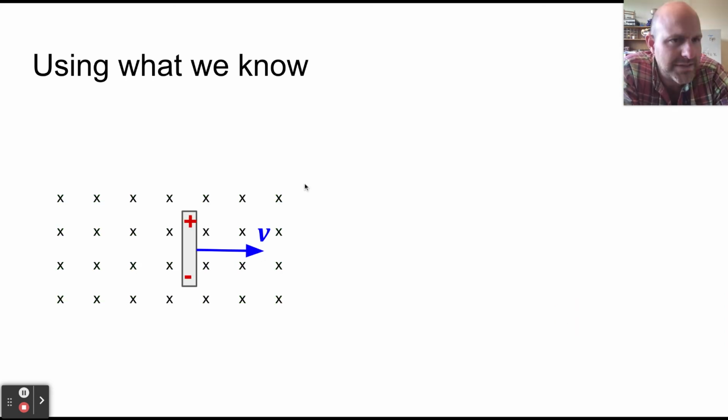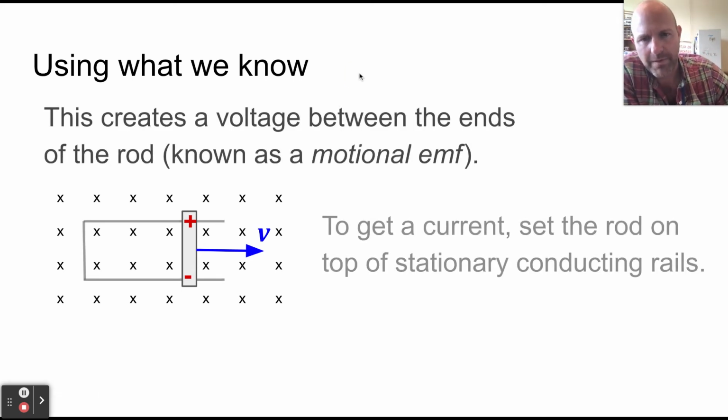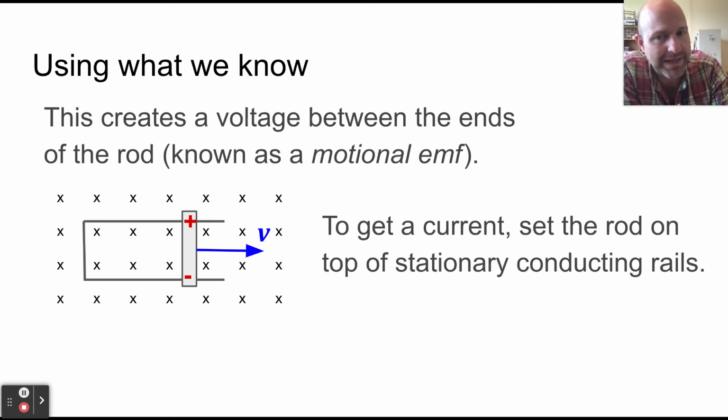If we have a positive and a negative side, we have a charge separation, a potential difference, a voltage. And once you have a voltage, you can attach it to a circuit and cause current to flow. This is known as the motional EMF, an EMF generated by moving a piece of metal through a magnetic field. We'll come back and talk more about that after this video.